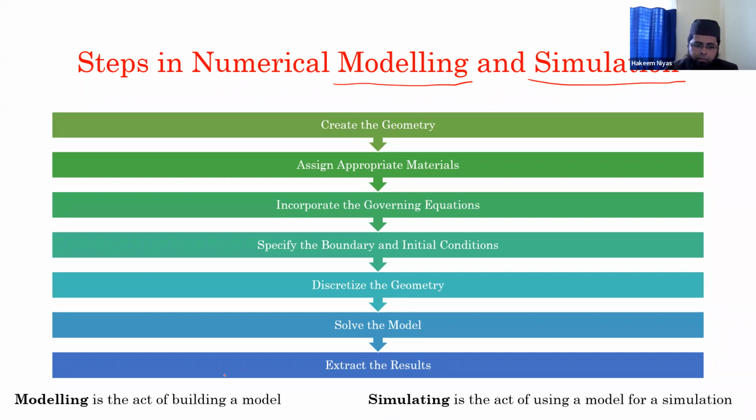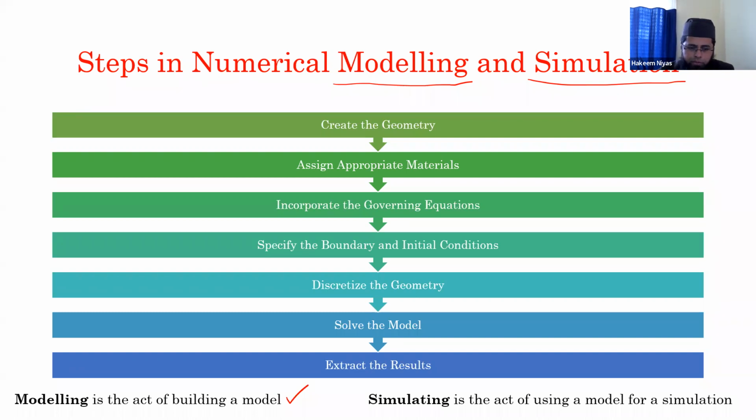So modeling is nothing but the act of building a model. Which means you have a problem in front of you, you have certain inputs, and you are able to develop a model with the given inputs. Assume you have a building with some boundary conditions, some temperature given, and the properties of the building.